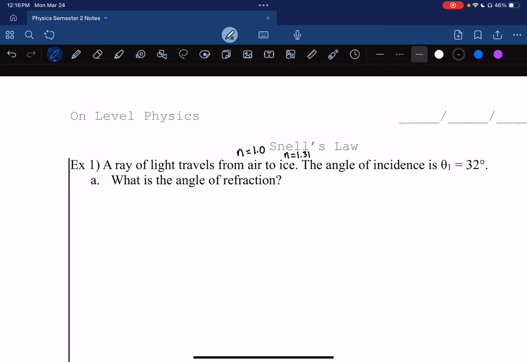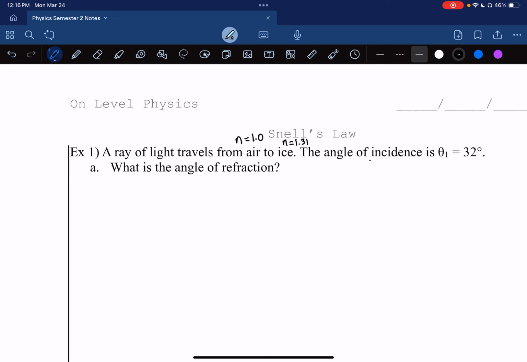The angle of incidence, a fancy word for theta 1, is 32 degrees. What is the angle of refraction? Snell's law lets us predict what that refracted angle is.